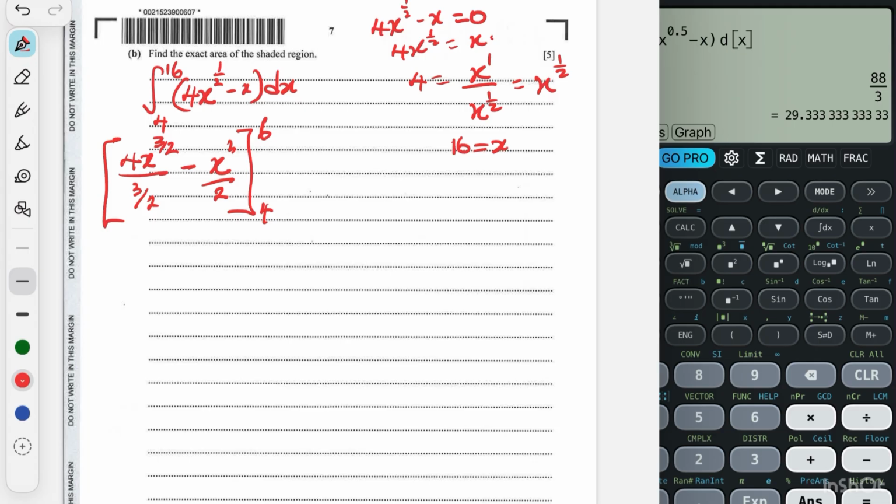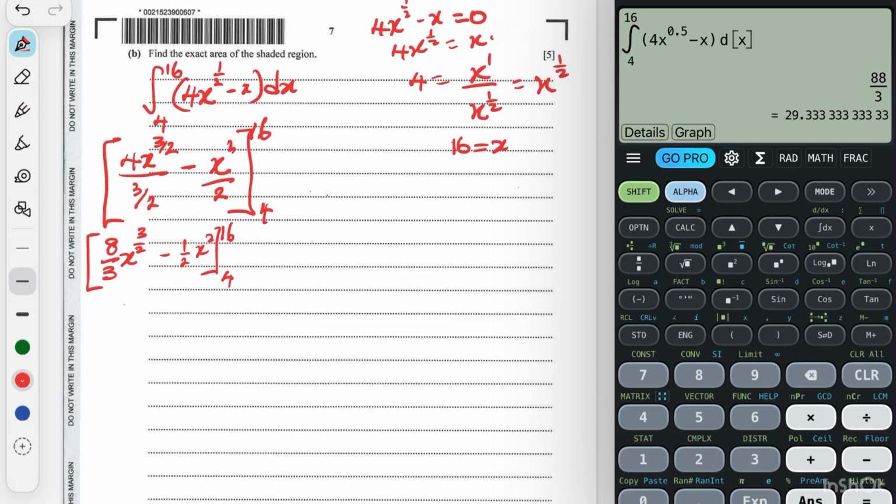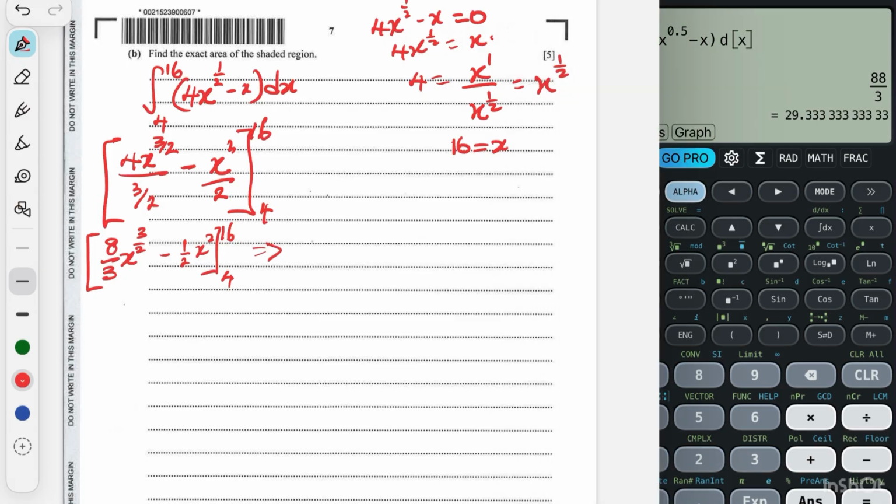If I do the simplification, this is going to be 8 over 3x to the power of 3 by 2 minus 1 over 2x squared. So I'm integrating from 4 to 16. Always check. Did I write 6 there? Yeah, 16. All right, so I'm just going to substitute my limit and simplify.